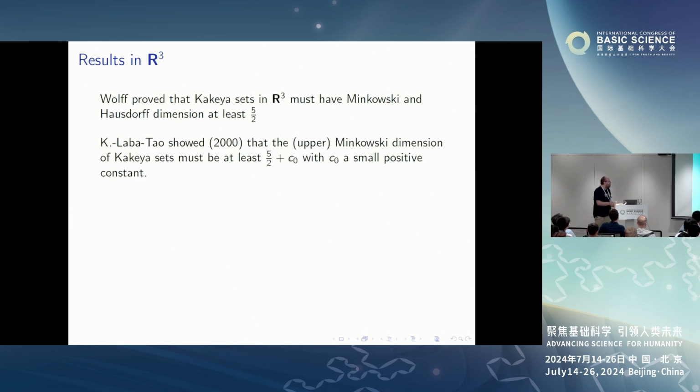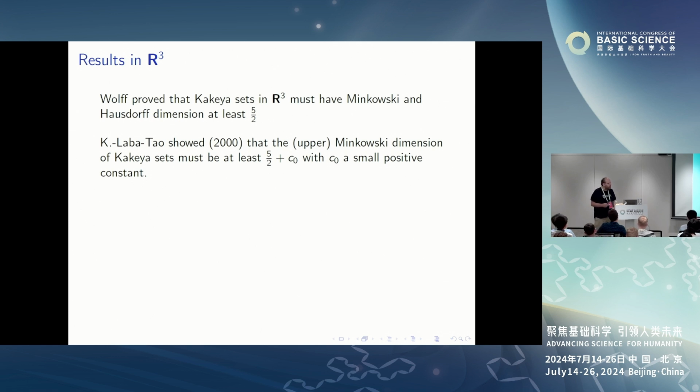So with Izabella Laba and Terry Tao, we showed in 2000 that the upper Minkowski dimension of Kakeya sets must be at least 5/2 plus c0, where c0 is a small positive constant.